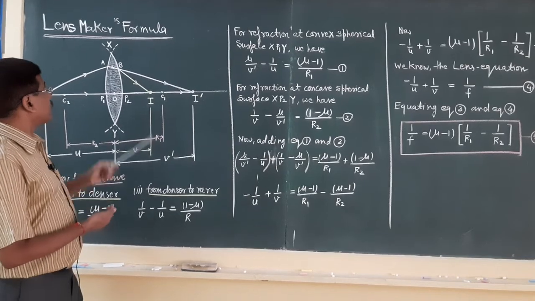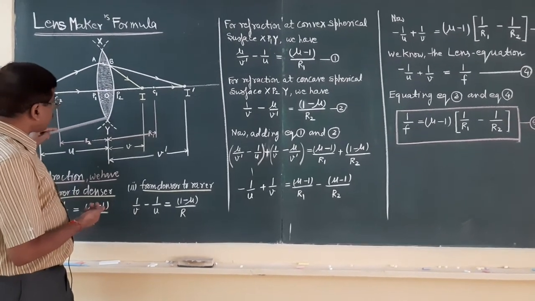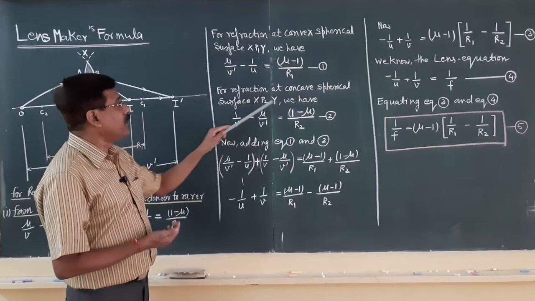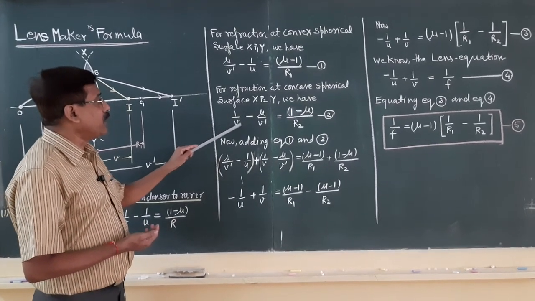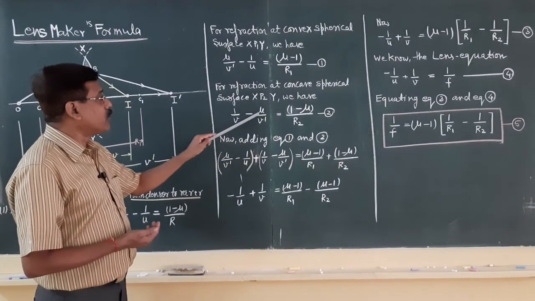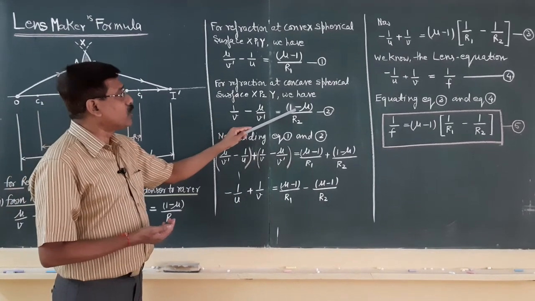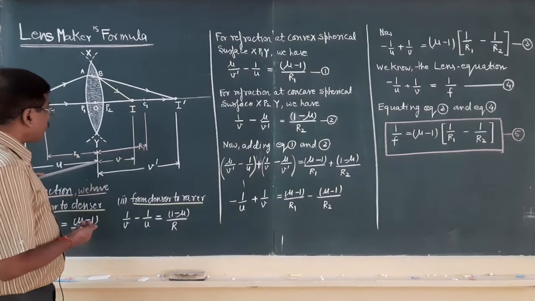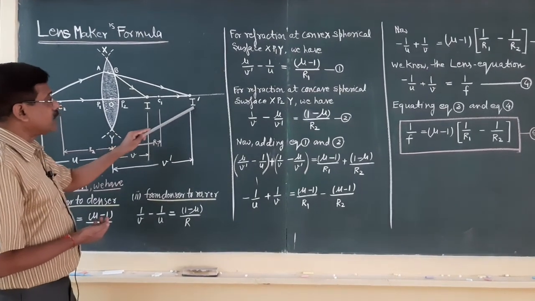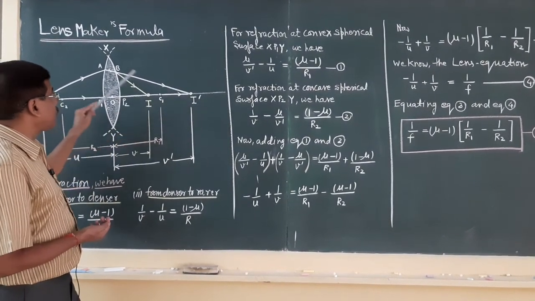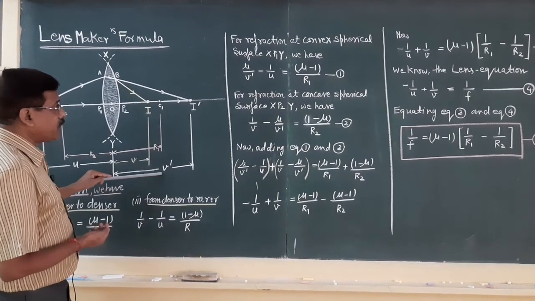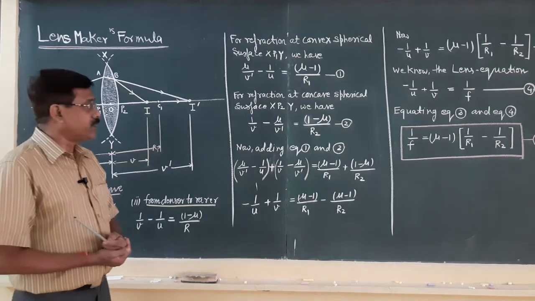So, the second refraction took place at surface XP2Y. So, for XP2Y, we have 1 by V minus mu by V dash is equal to 1 minus mu by R2, because V is the final image distance, and this I dash acts as the object for surface XP2Y. So, V dash will be the object distance.